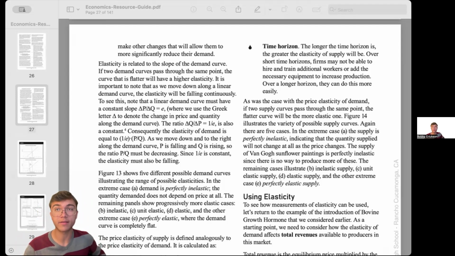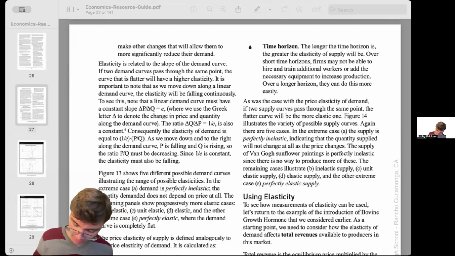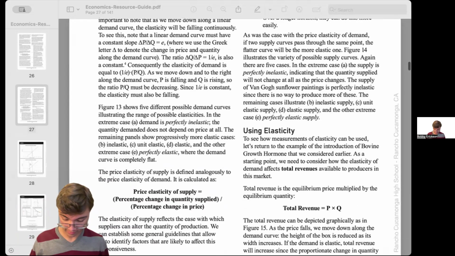They aren't going to change because Van Gogh, unfortunately, cannot paint anymore. I mean, of course, he could always come back and decide, you know what, nah, I'm gonna defy all those people that say I can't paint, and rise up and be like, I'm still a painter, guys. But we can't really have him paint anything anymore. And so we have perfectly inelastic supply.